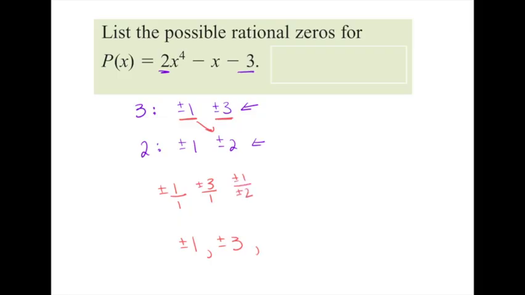Another way to write that is positive or negative 1/2. Or it could be positive or negative 3 over positive or negative 2. Positive or negative 3/2. Every single one of your factors of your last one over every single one of your factors of your first one. Those are your possible zeros for that. All right?